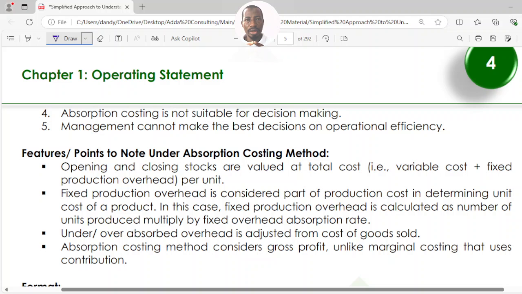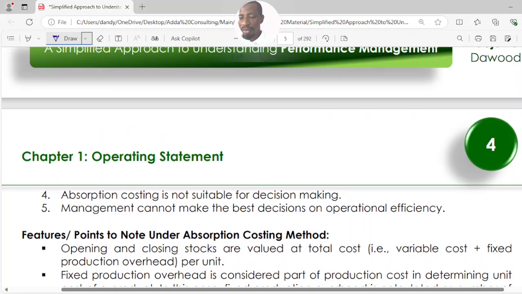The fixed production overhead per unit is 3 naira. Therefore, 5 naira plus 3 naira is 8 naira. The opening stock is 2,000 units, therefore 8 naira multiplied by 2,000 gives 16,000. That means my opening stock is 16,000 naira in value.